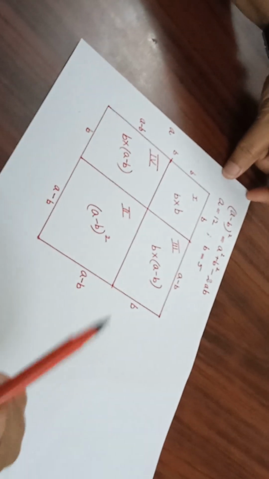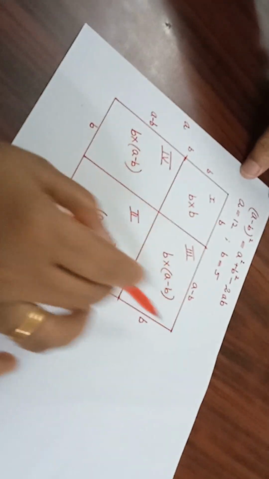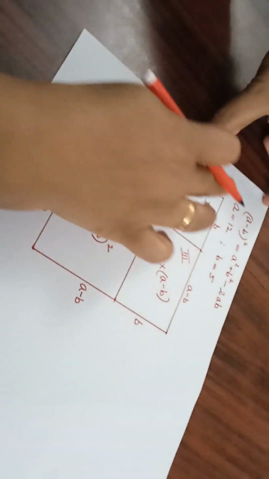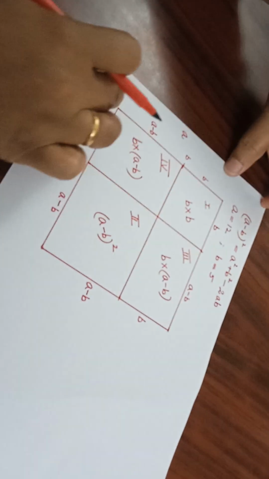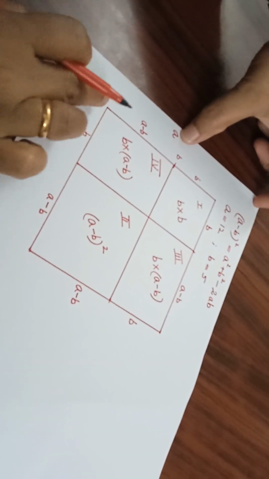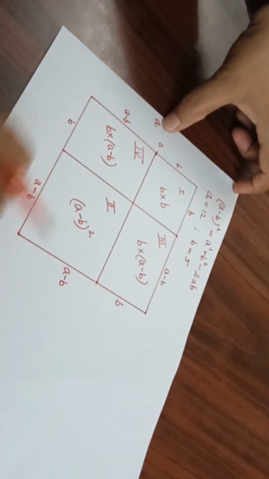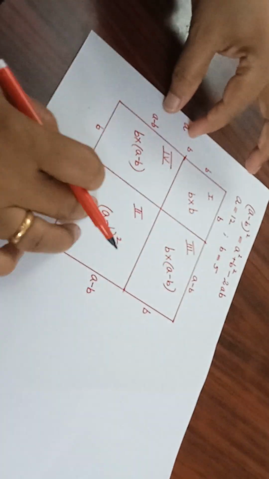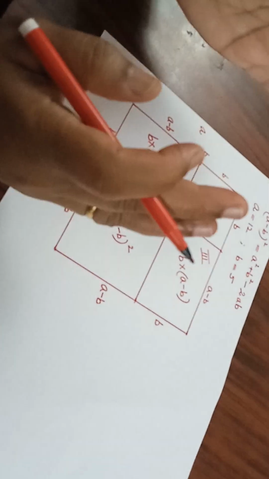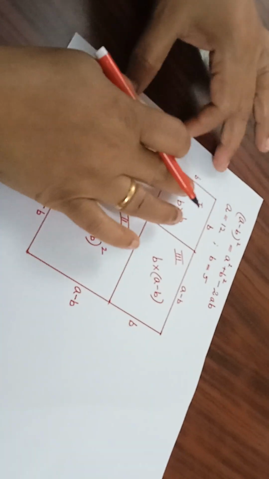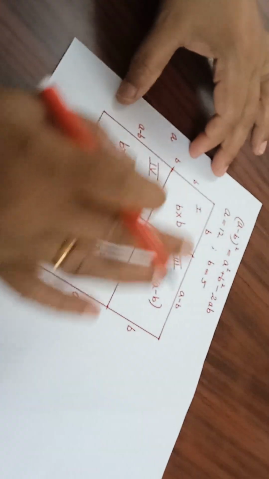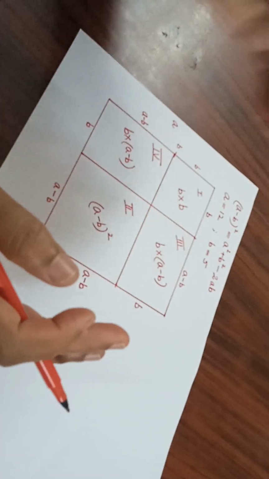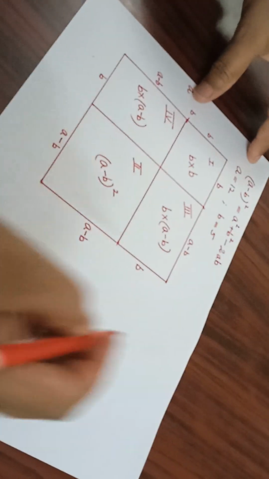But we know that the area of the entire figure is a square, since we have taken a as 12 centimeters on each side. That entire a square we have divided into 4 parts. So the area a square and the sum of the areas of all these 4 parts should be equal, isn't it? And when you simplify that, we should get the identity. That is what we are going to prove now.